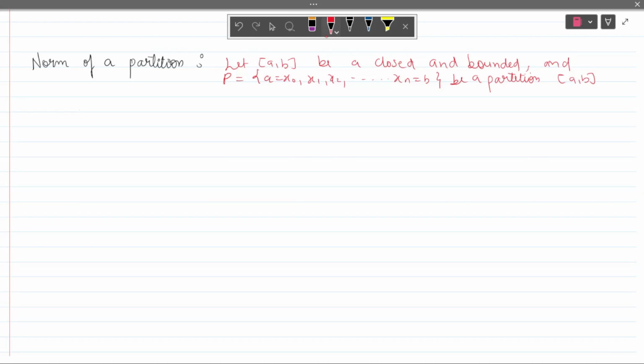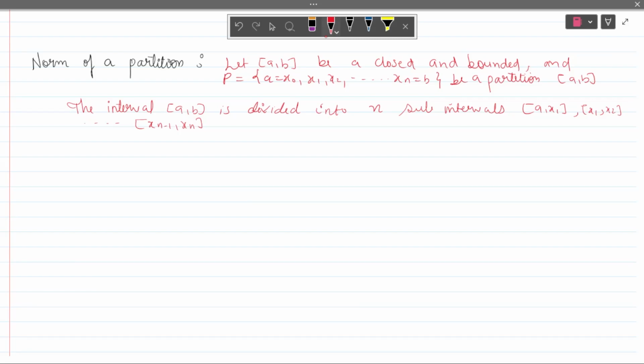Then we can write that the interval [a, b] is divided into n subintervals. What subintervals? That is a to x1, or we can say x0 to x1, x1 to x2, and so on till xn minus 1 to xn.